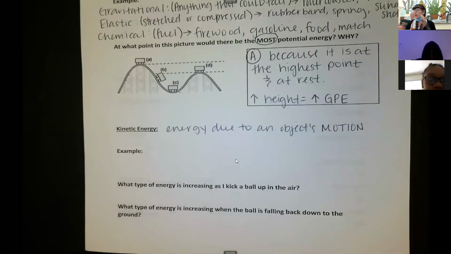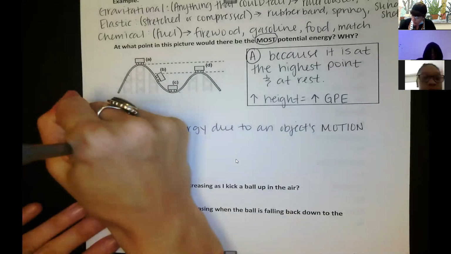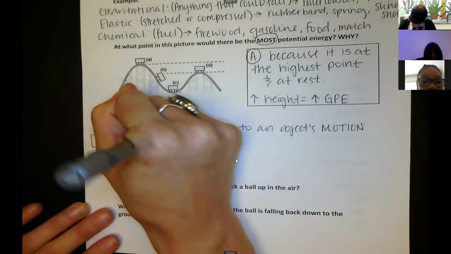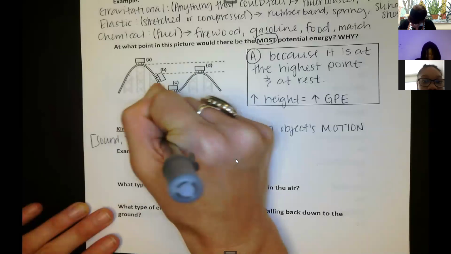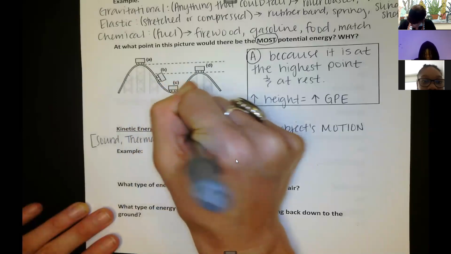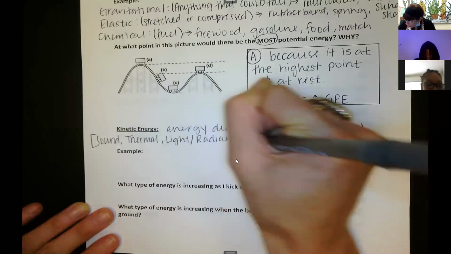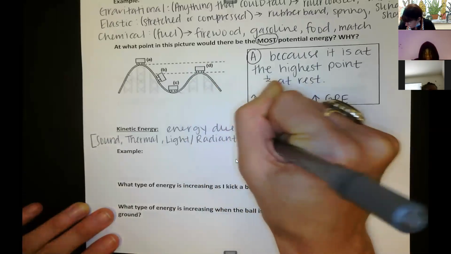Thermal energy, motion. So underneath, I want you guys to write sound, thermal, light/radiant, electrical.